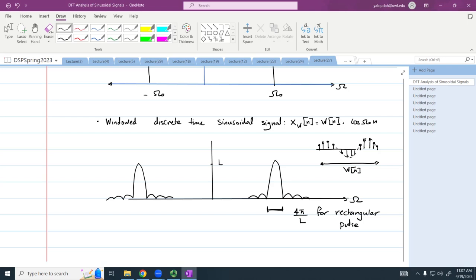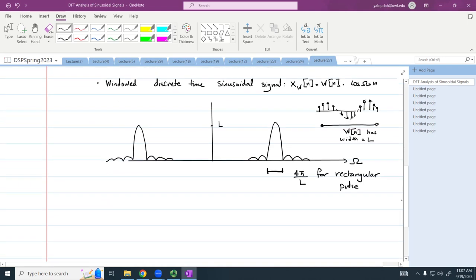So the wider the rectangular pulse that we choose, the wider the window, the narrower this sinc is going to be. Okay. Now what happens? So this is Xw of e to j omega.